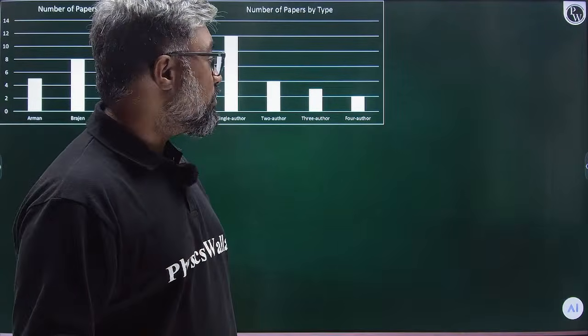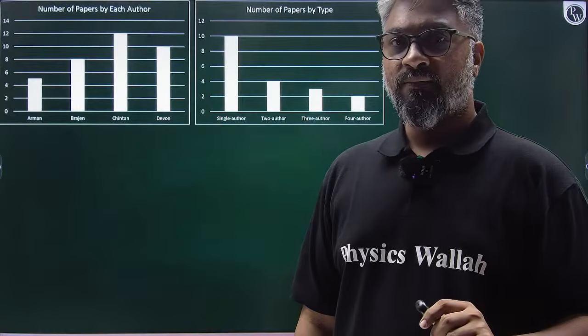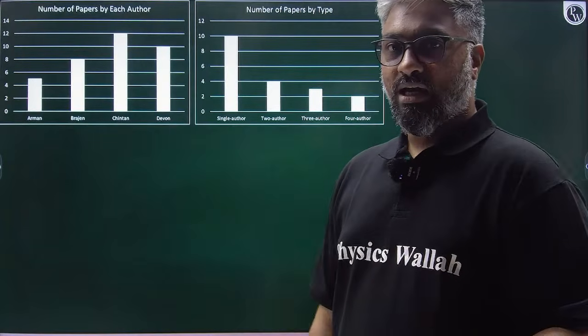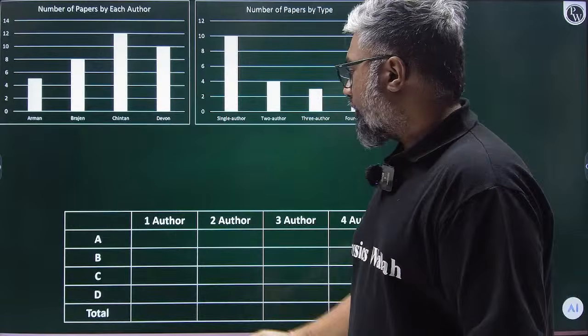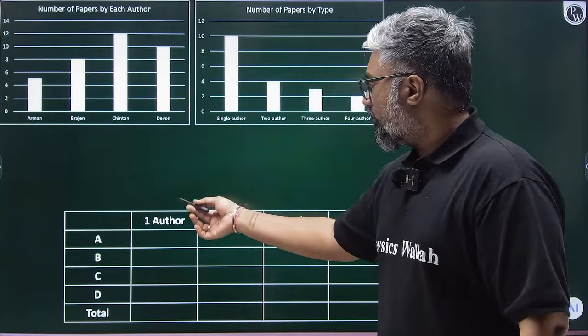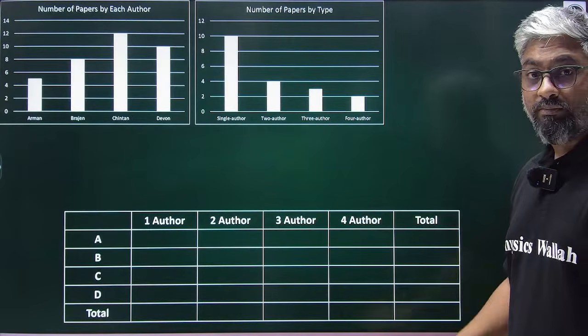But what can I do? Instead of using a Venn diagram, can I not jump to distribution? Because any Venn diagram is basically just distribution of information, correct? And how will I do it? I have 4 authors A, B, C, D, and I have 1 author papers, 2 author papers, 3 author papers, 4 author papers.